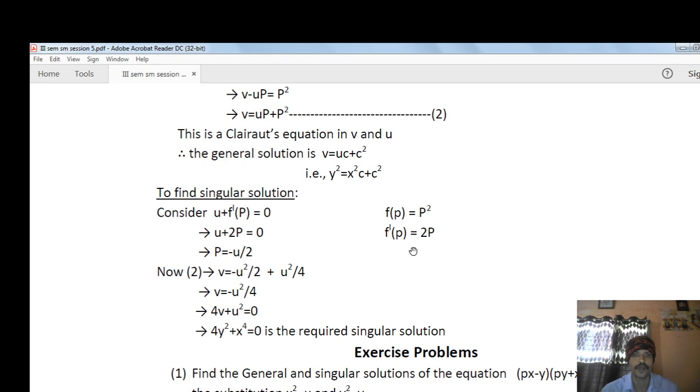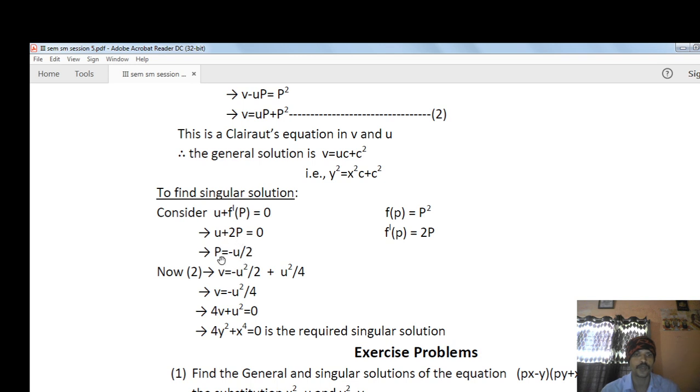Find f dash of P value. Now f of P is equal to function of P. It is P square. Differentiate with respect to P. F dash of P is equal to 2P. Now put this value here. U plus 2P is equal to 0. Find P value. Capital P is equal to minus U by 2.